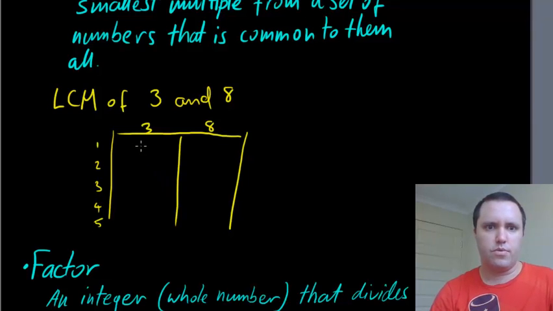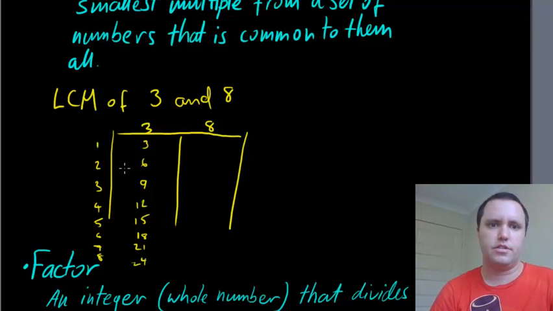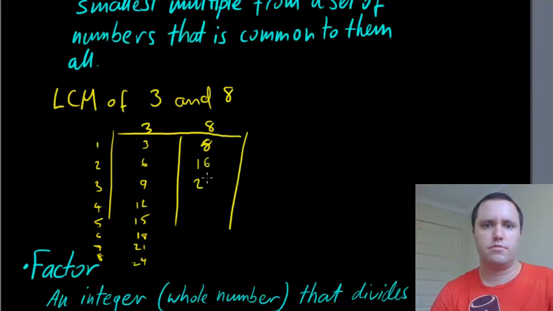So 3 times 1 is 3, 3 times 2 is 6, 9, 12, 15, 18, 21, 24, and I'm only going that far because you'll see why in a sec. 1 times 8 is 8, times 2 is 16, times 3 is 24.